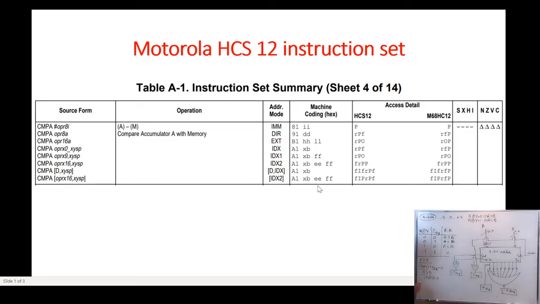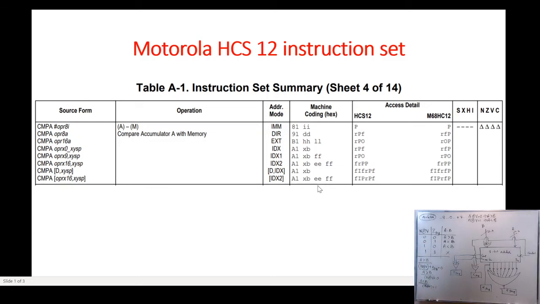Alright, so now going for A less than B. In this case, my N exclusive or V should be a 1, because when my N exclusive or V is 1, then the V flag cannot be a 1. You've already seen that.